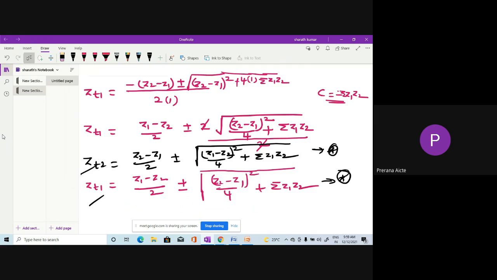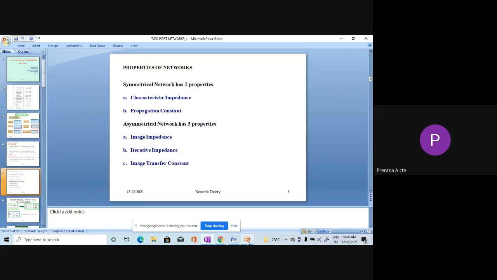So this is the iterative impedance, and image impedance problems we discuss as questions in the GATE examination. So coming to our class, we are focusing on Z parameters, followed by image impedance and iterative impedance of asymmetrical networks and their calculations. Move on to the next two-port network parameter, that is Y parameters.